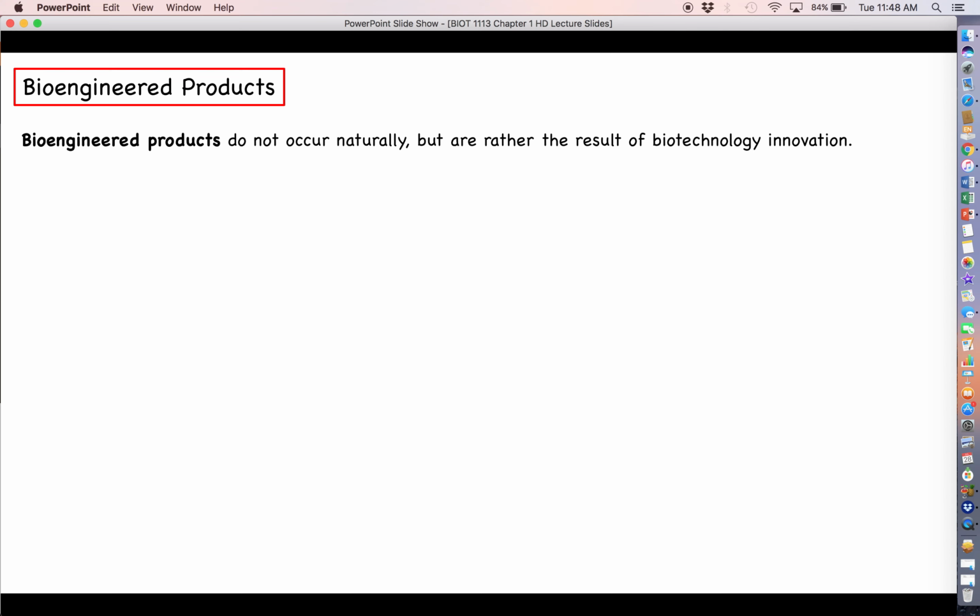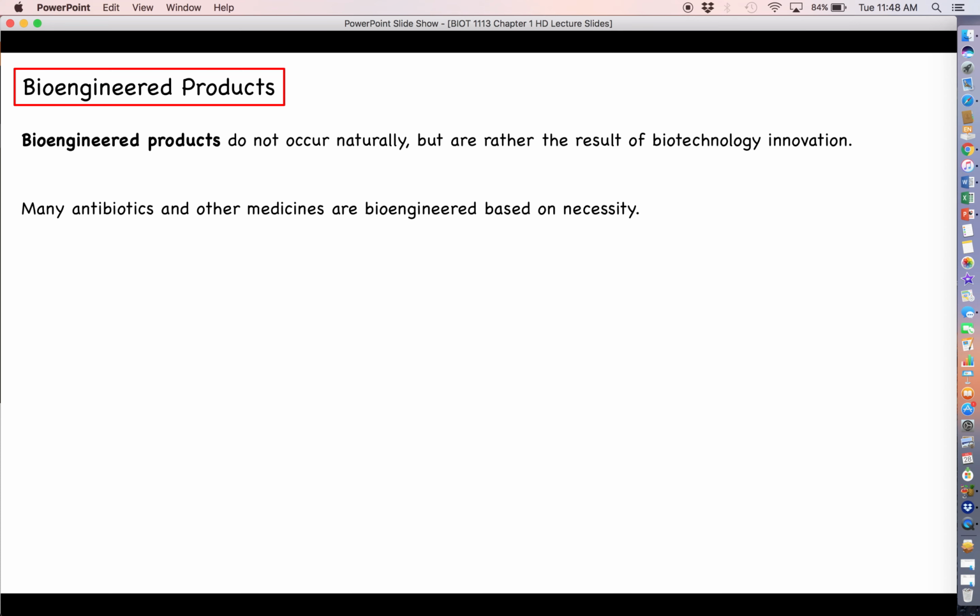So bioengineered products really refer to products that do not necessarily occur naturally. So the products may be based on something that did occur naturally, but when we're talking about bioengineering, our ability to make a lot of a certain product or a modified version of something that occurs naturally is all going to be the result of biotechnology innovation.